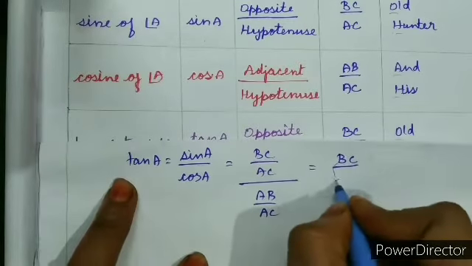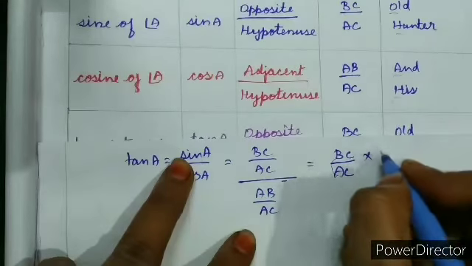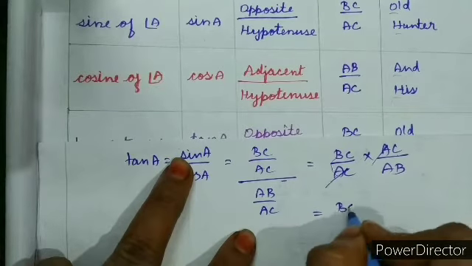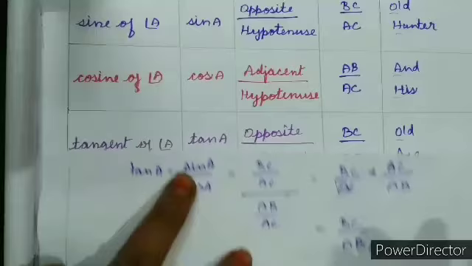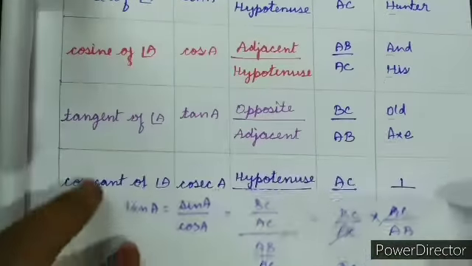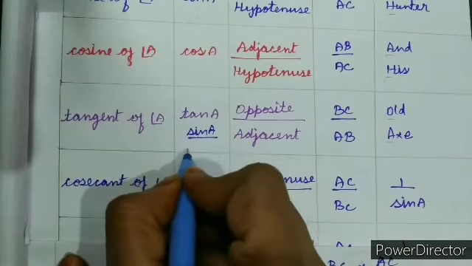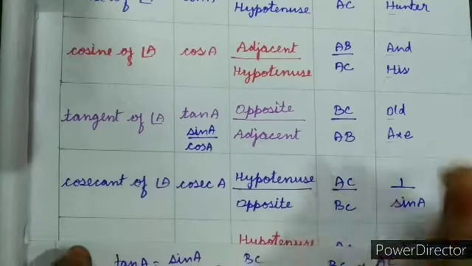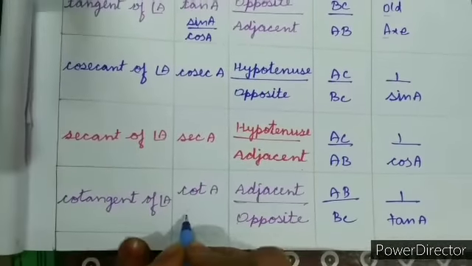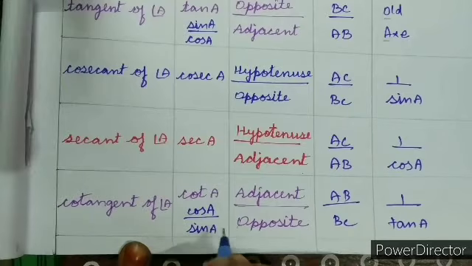Dividing, that is, writing it in the reverse way with the reciprocal, we get the value of tan A as BC by AB. Therefore, tan A is equal to sin A by cos A. And similarly, cot A can be written as cos A by sin A.